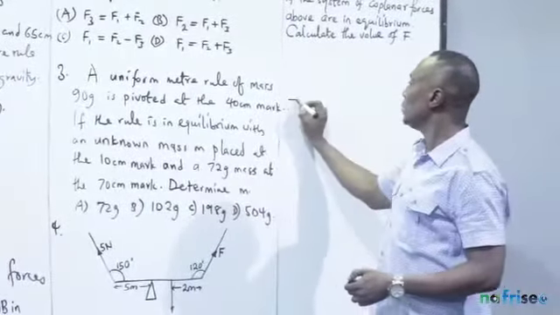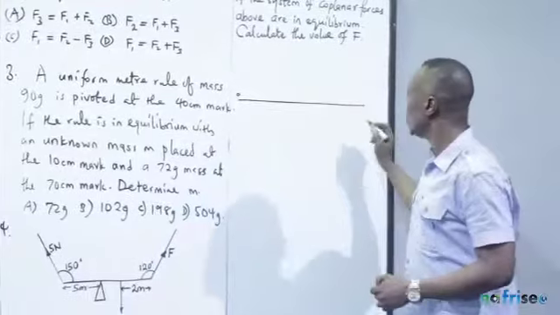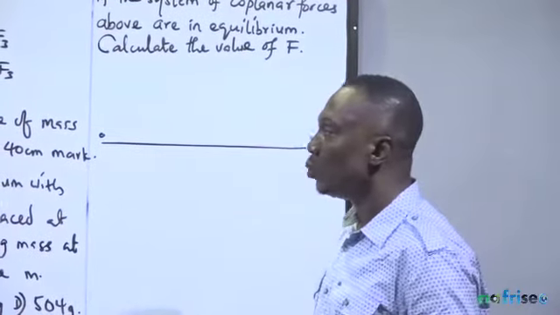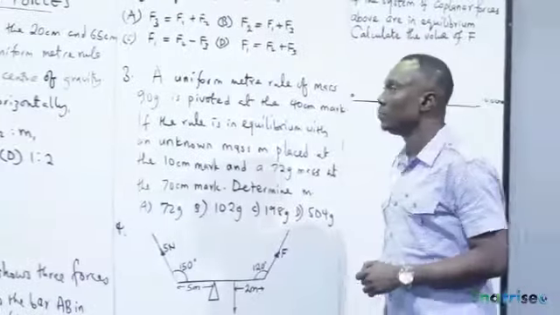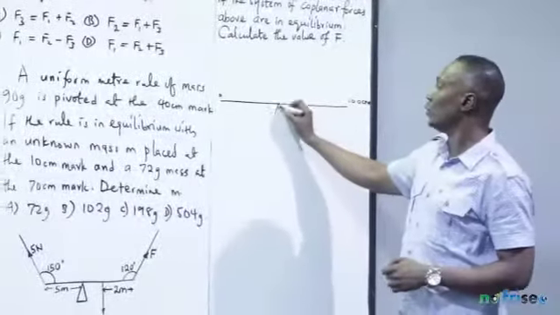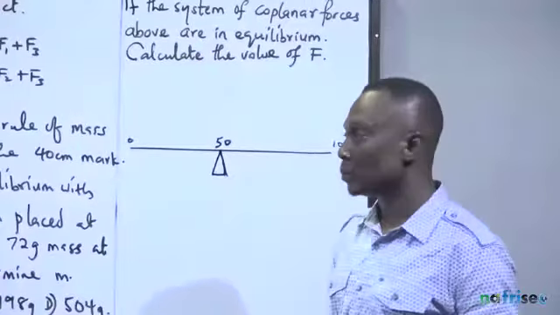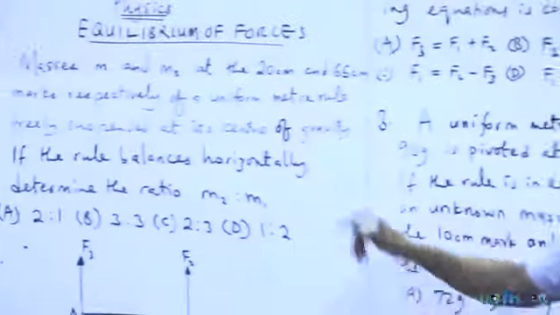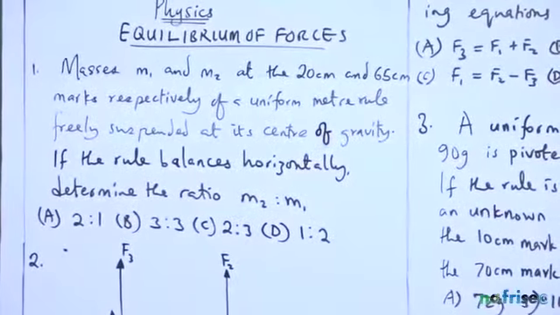So what we do is make a sketch of a meter rule. The meter rule should be calibrated from 0 to 100 centimeters. And we are told it is freely suspended at the center of gravity. So the center of gravity for a uniform meter rule should be at 50 centimeters. Now, we have masses M1 and M2 placed at the 20 centimeter mark and 65 centimeter mark respectively.